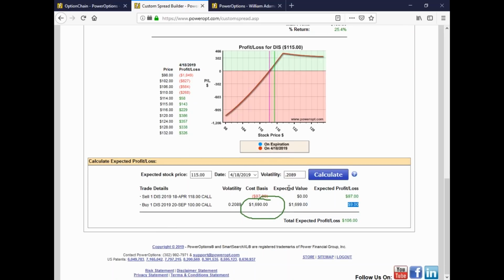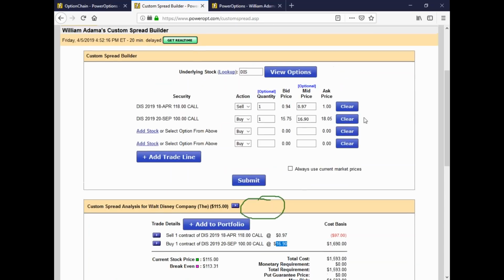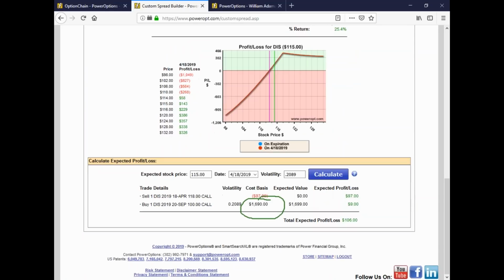But again, remember, it's because we're getting it at midpoint. The ask price is up here at 18.05. So that's the trade-off there: when you're analyzing your what-if scenario, and it looks like something is increasing in value that shouldn't if the stock doesn't change, it's because of this implied volatility number. And you might want to lower that to your expectations.